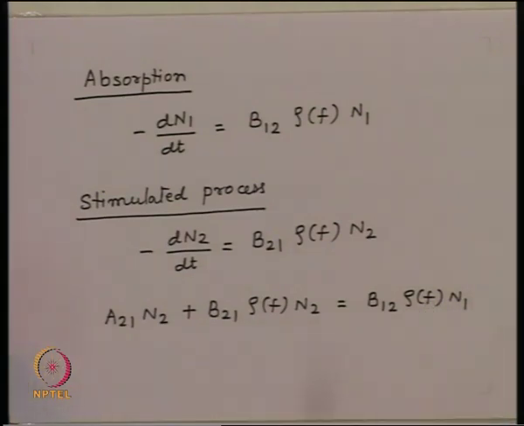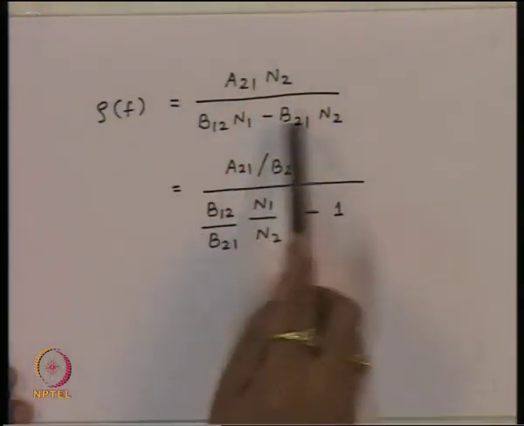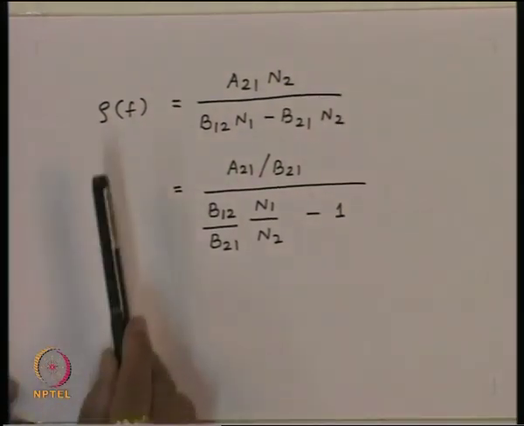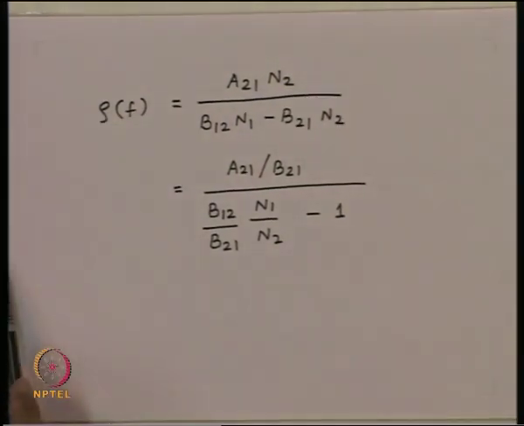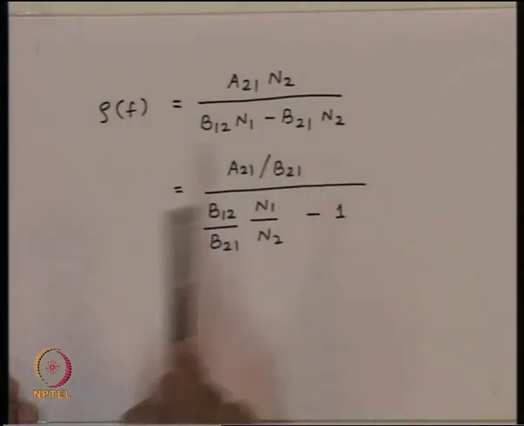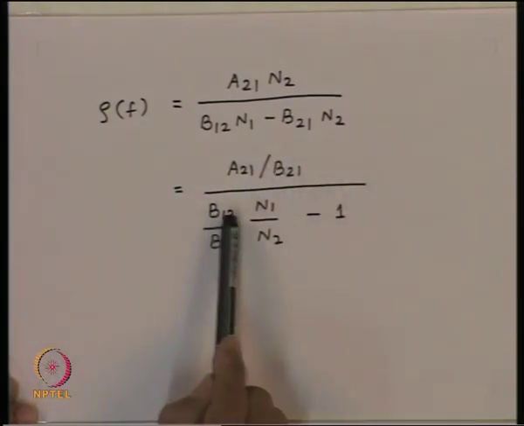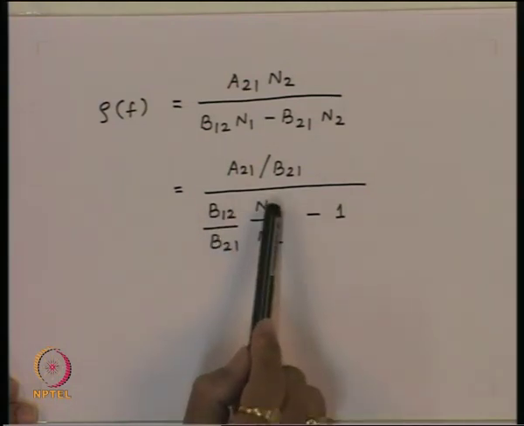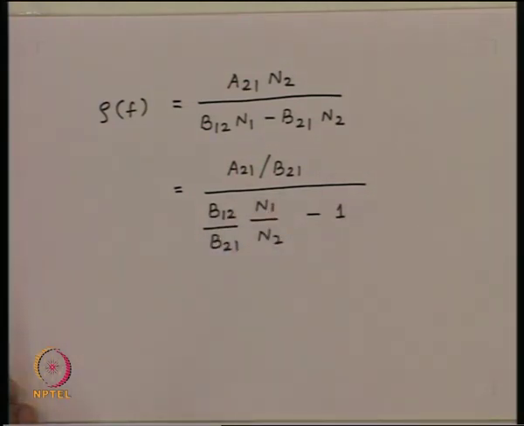Just by rearranging the terms, bringing all the rho terms on one side and simplifying, we got the photon flux density expression. Some rearrangement of the terms essentially says that the photon flux density is given by the expression A21 upon B21 divided by B12 upon B21 times N1 upon N2 minus 1.